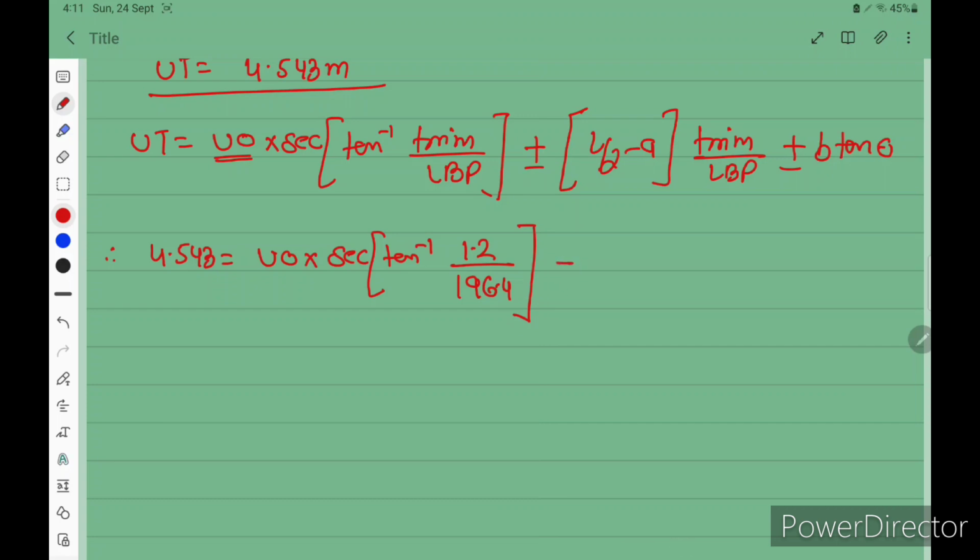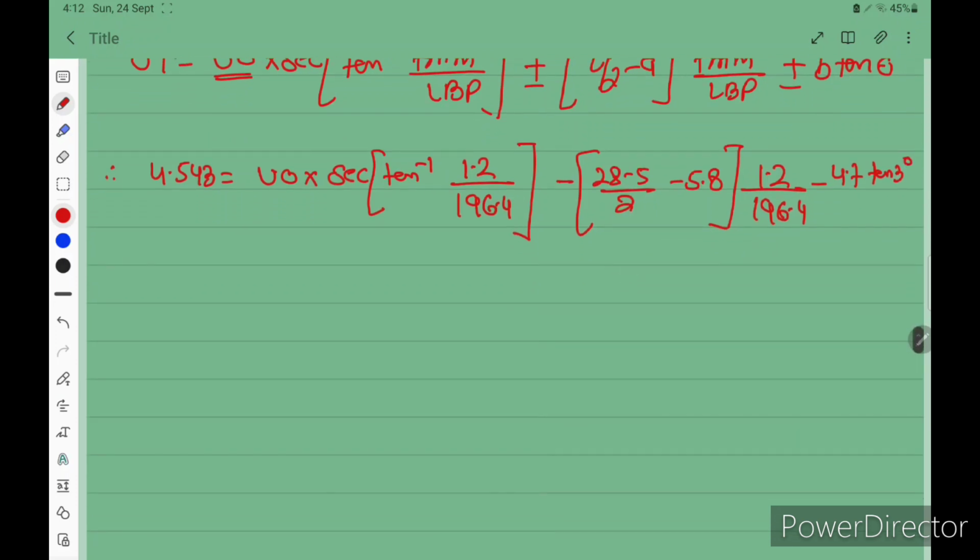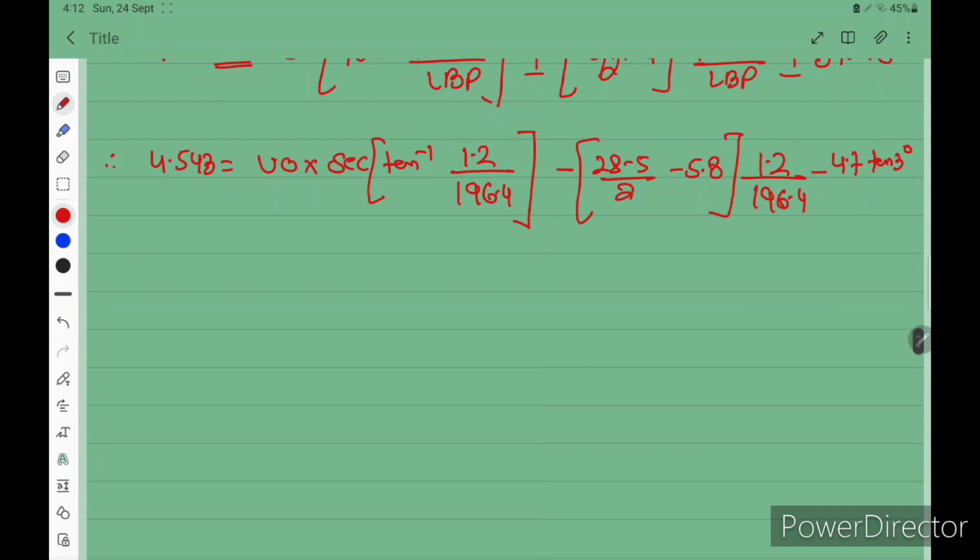Now the down by head and the ullage location is aft side, so the different side, so minus 28.5 divided by 2 minus location of ullage from the aft bulkhead 5.8 meters. Okay, trim 1.2 divided by 196.4 minus 4.7 from the center line and 3 degree to starboard, so opposite, so that's why it's minus. If the same side, then it will be plus.